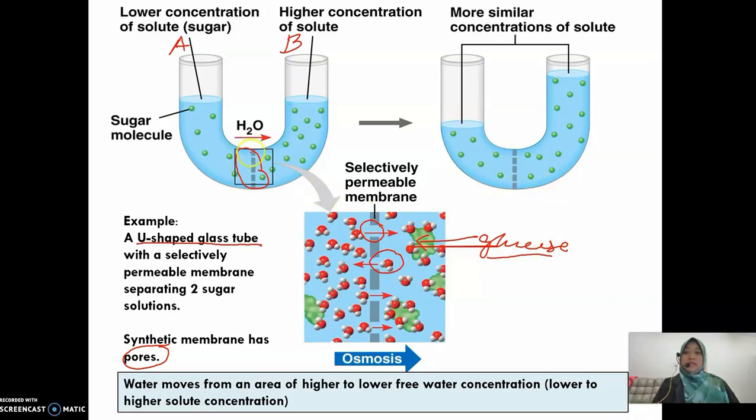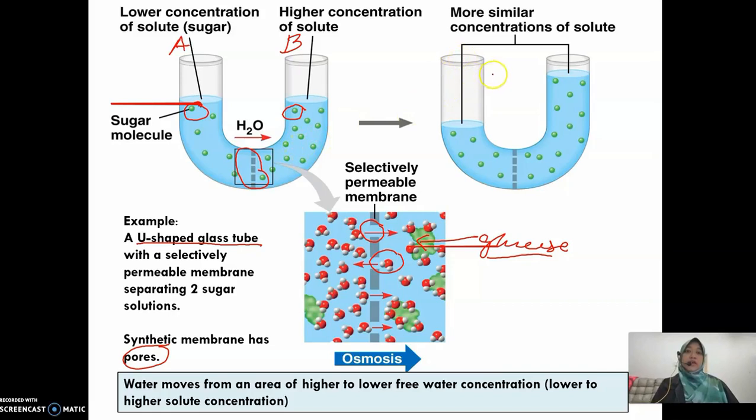Alright, let's see here. At side A, sugar molecules are low. At side B, sugar molecules are higher. Remember, in osmosis, water moves from low concentration of solute to high concentration of solute.